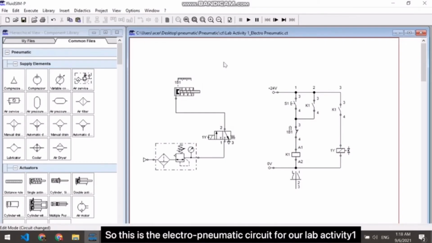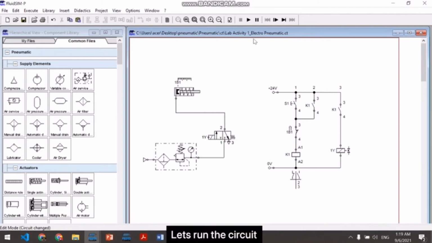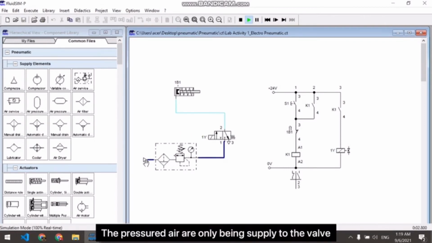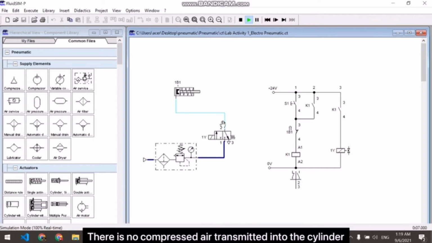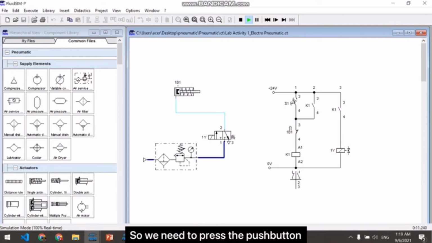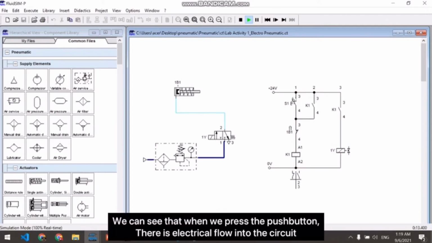This is the electro-pneumatic circuit for our lab activity 1. Let's run the circuit. As we run the circuit, we can see that the pressure air is only being supplied to the valve and there is no compressed air into the cylinder. So we need to press the push button, and when we press the push button, there is electric flow into the circuit.